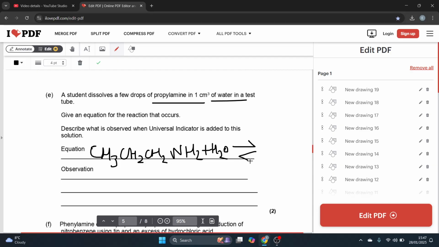It's a reversible reaction, and what you're going to form is CH3, CH2, CH2, NH3+ plus OH-. Describe what is observed when universal indicator is added. Green turns blue.